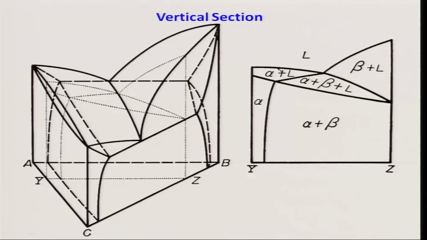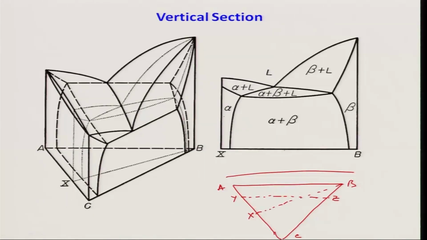This is how the transformation happens. At the bottom we have 2-phase regions, okay. In fact, this one is more interesting: single, 2, 3, 2, single phase regions. That is how it looks. So, this is not really difficult to understand.